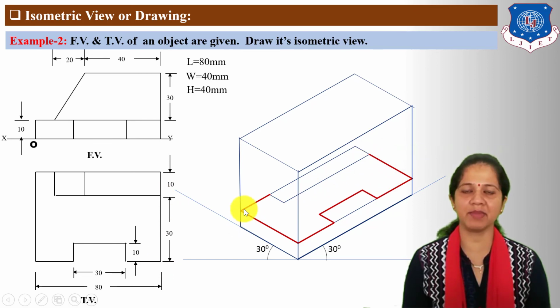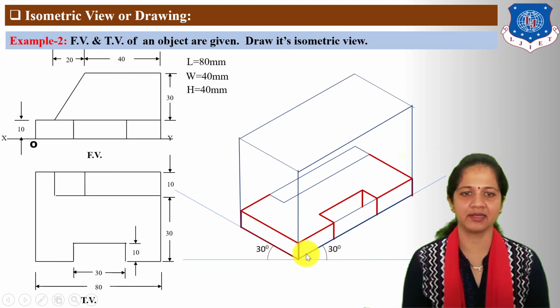Next locate 10 mm height line from all these corner points. Next locate 40 mm width line, 25 mm length line, 25 mm length line, 10 mm width line and 30 mm length line.